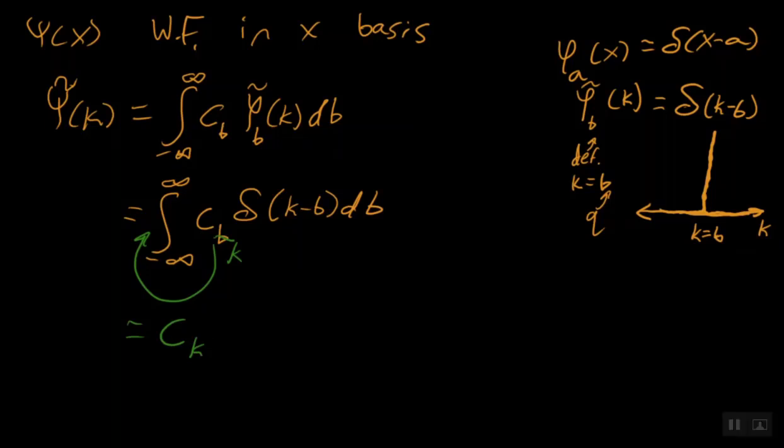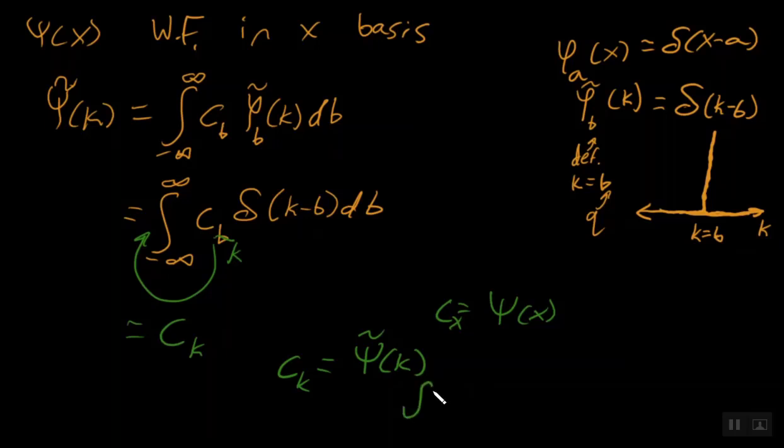So this is exactly what we did with position. We showed that c sub k, this probability amplitude, is the wave function expressed in the k basis, just like we showed that c sub x was just the wave function. And so now we can use this.